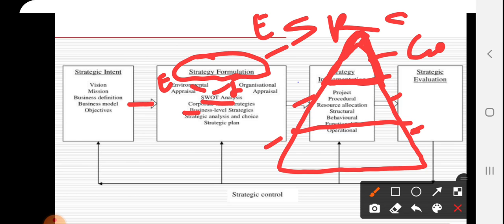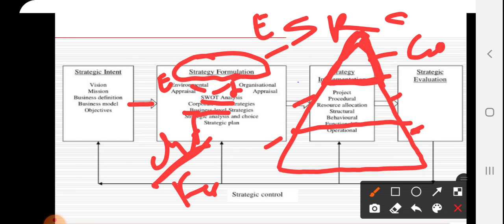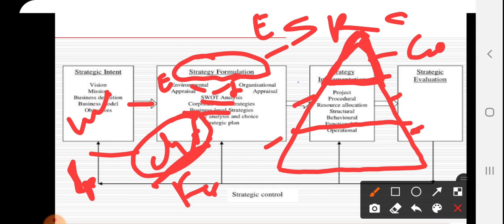These two strategies are not in our syllabus, but even so, the business level strategies are differentiation strategies and focus strategies. In differentiation strategies, organizations try to differentiate their product from competitors by adding some unique features, by giving brand names, or by running different ad campaigns.